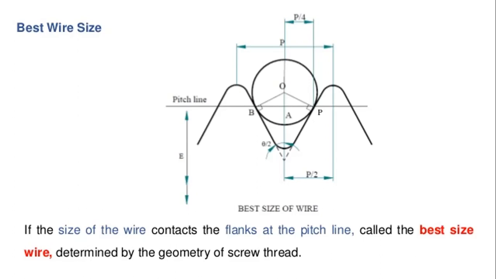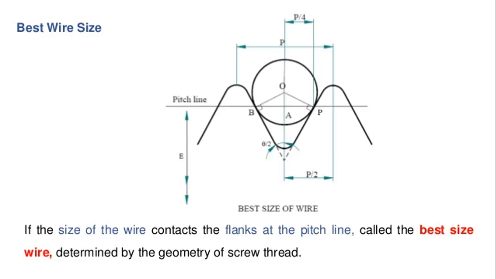And the length from the center of the wire to the point P, the pitch line point on the right side, is taken as P by 4.